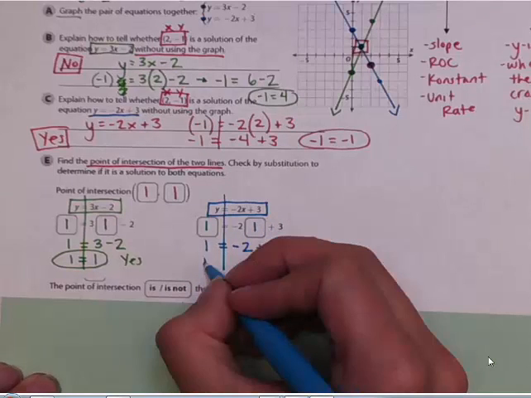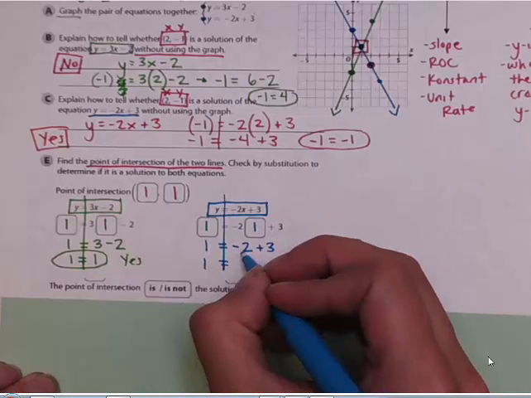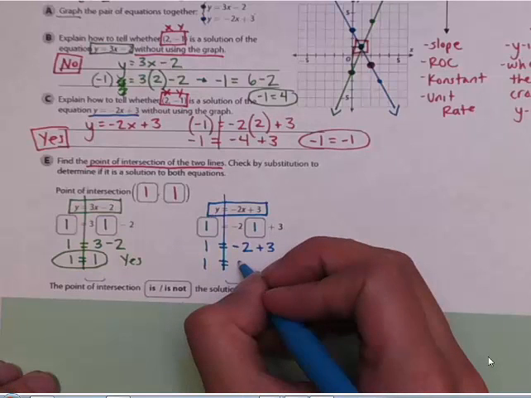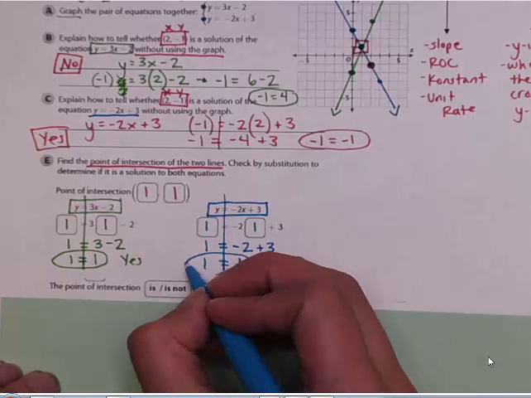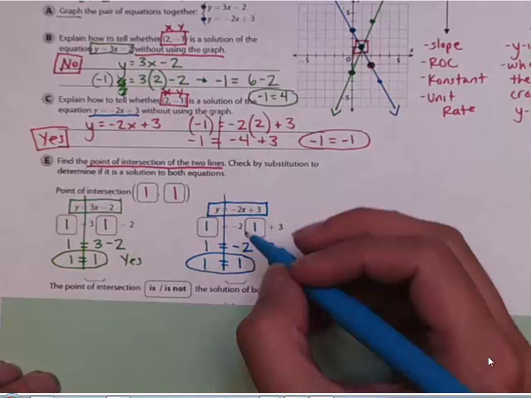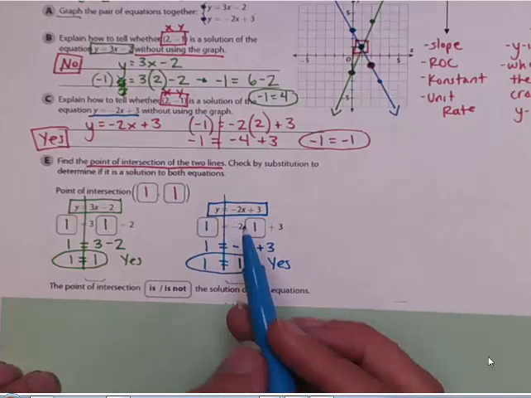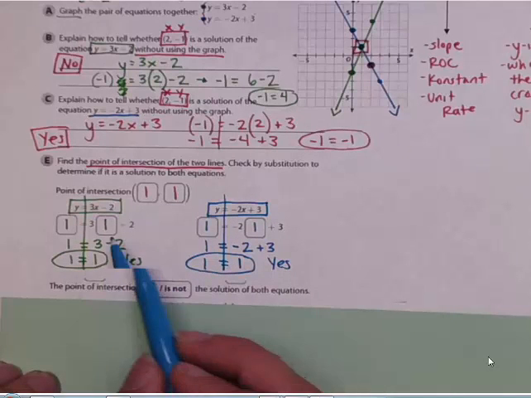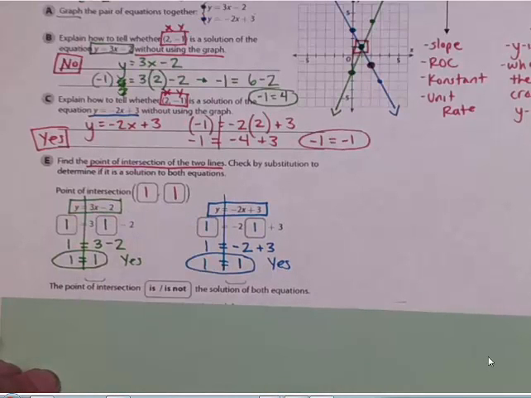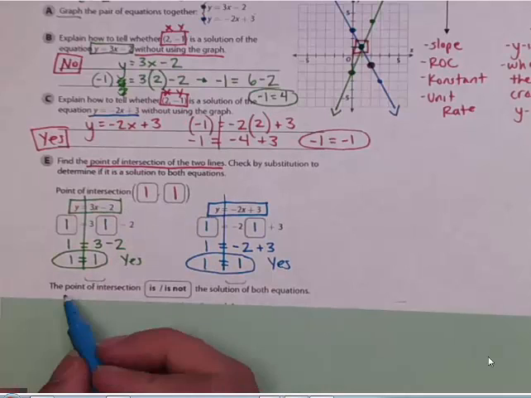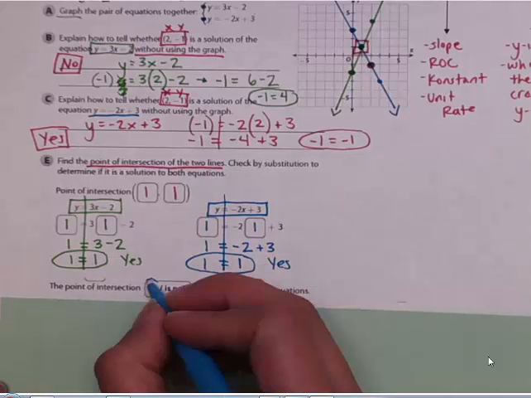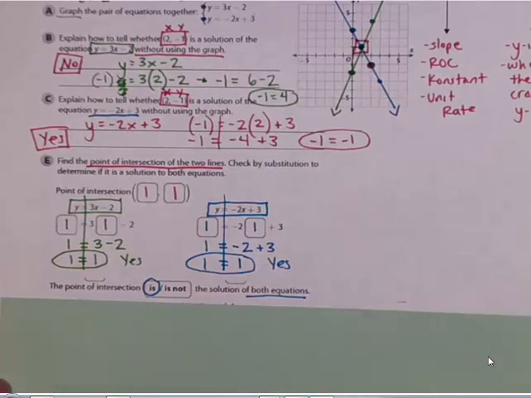Okay, if I owe you $2 and I have 3, I'm going to still have $1. So I know that 1 is equal to 1, so yes, this point satisfies this equation as well. If this point satisfies both equations, then I know that this point of intersection is a solution for both equations. It satisfies the system of equations here.